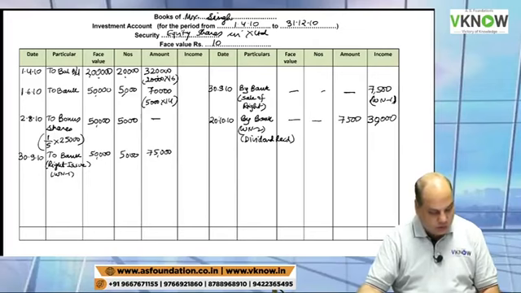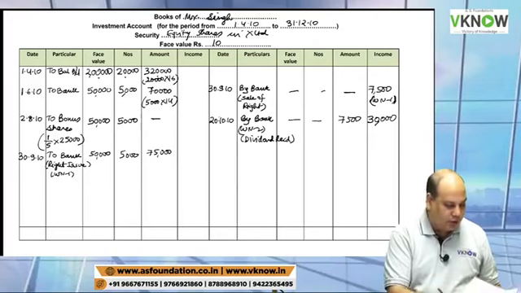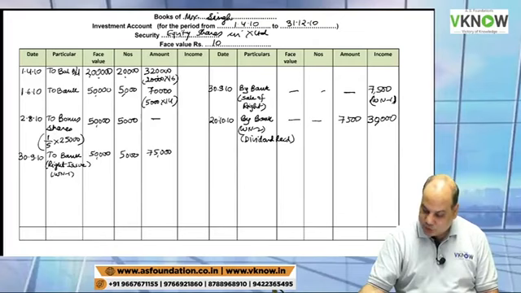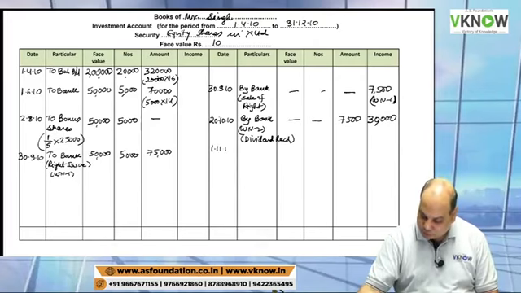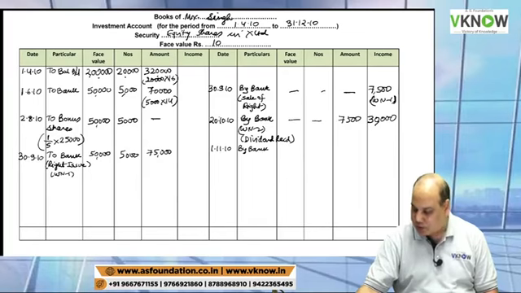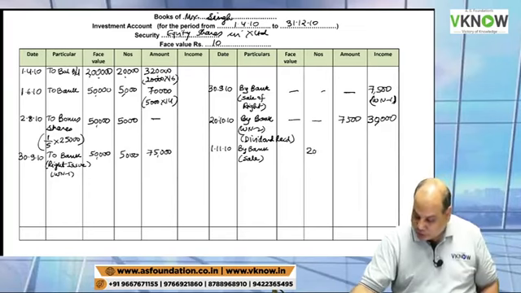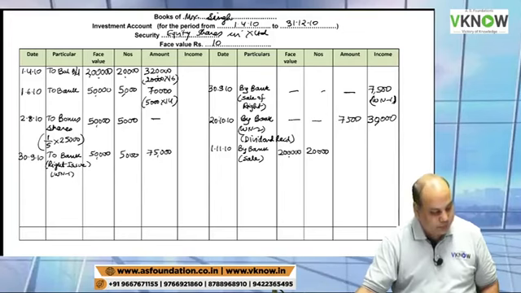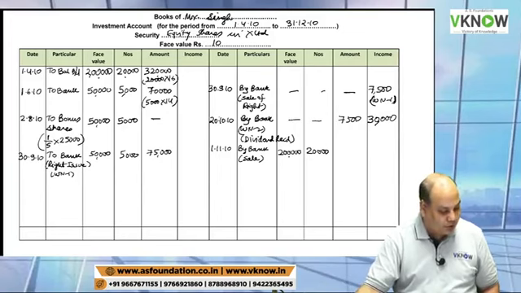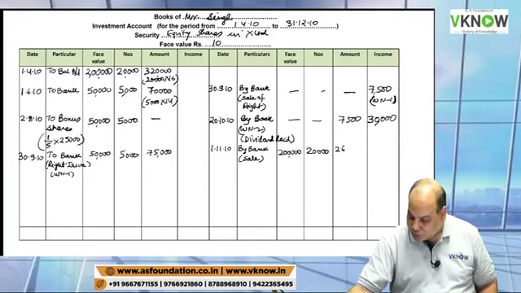Then there is a sale of investment on 1st November 10, by bank sale. Last two lines of the question: 20,000 shares, face value 2 lakh, sold at a premium of 3. So 2 lakh 60,000, 20,000 into 13.